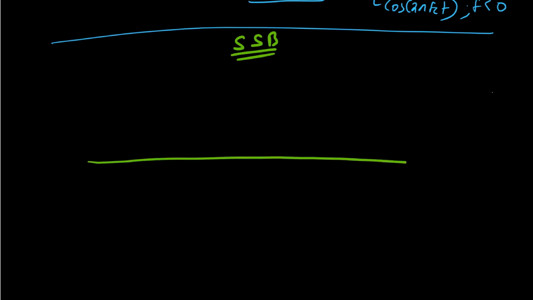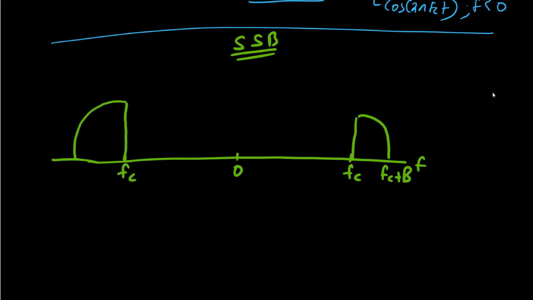By single sideband modulation, this means that this is our FC, and this is our FC plus the bandwidth of the message signal, FC plus B. And similarly, this is our minus FC, and this is our minus FC minus B. The overall bandwidth is B or BM. But right now, we are just sending the upper sideband.